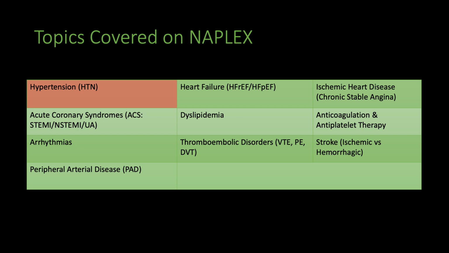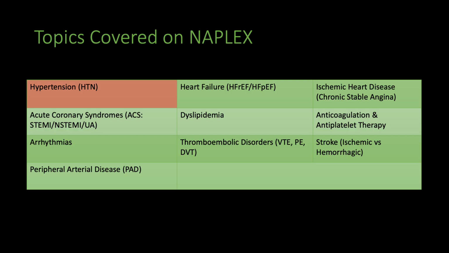I do encourage you to read your books, go over your notes. Definitely think about what are the different classifications of the arrhythmias. Do you know all of those classifications? Do you know all the drugs that fit in each class?